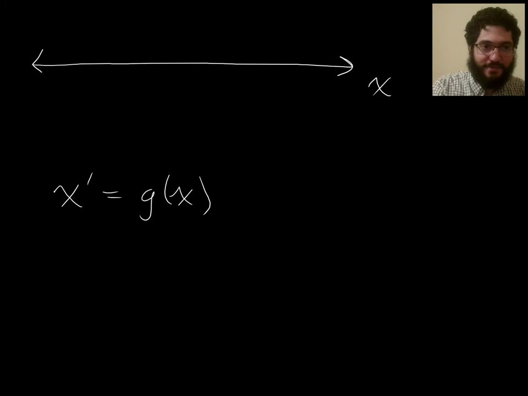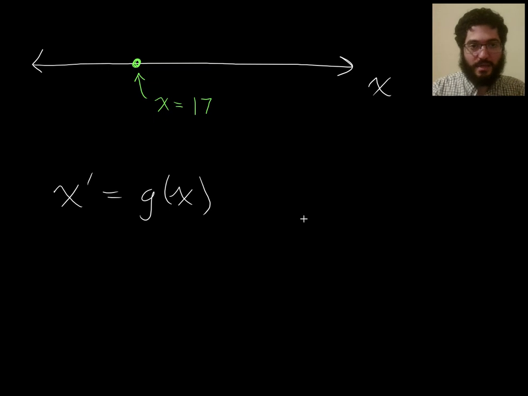So if you are like here, at some specific point, x naught, or let me give it a number. Let's say you're here at x equals 17, and that's your current location. Then, if the differential equation that governs your evolution in time is autonomous, then you know exactly where you're going to go next, just from knowing where you are.